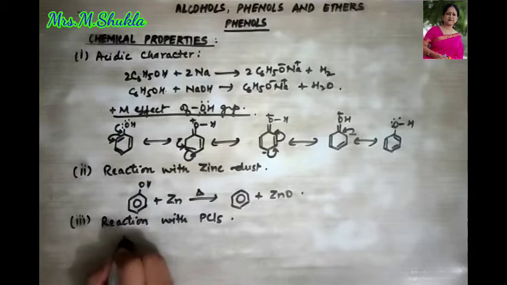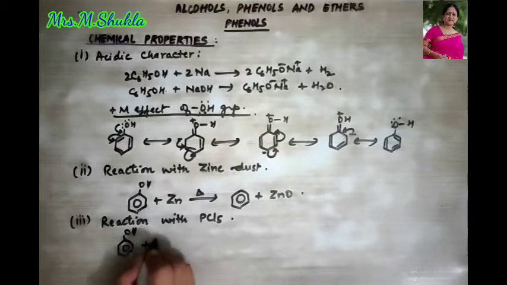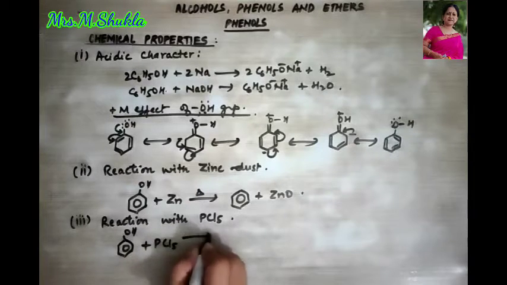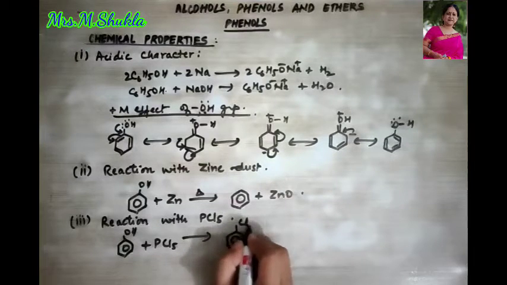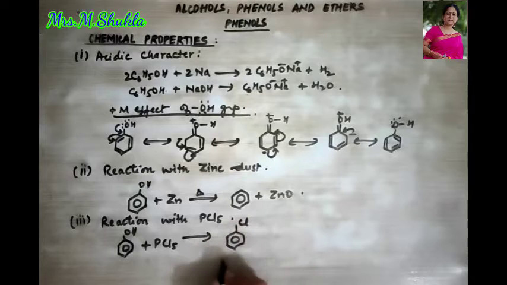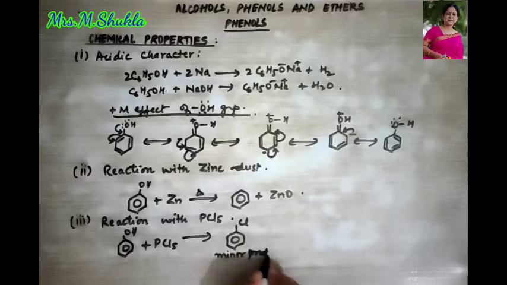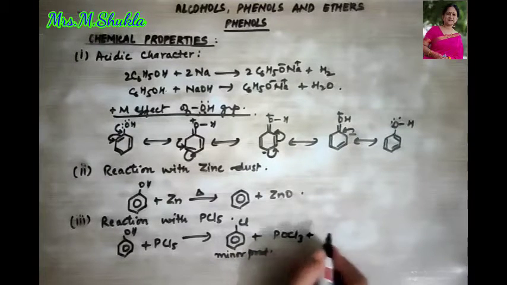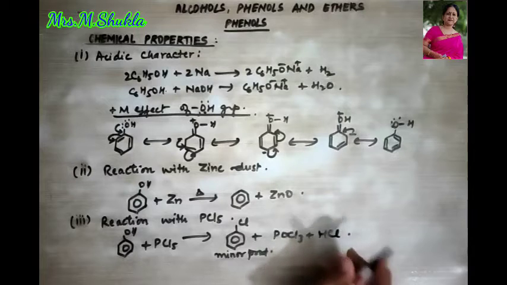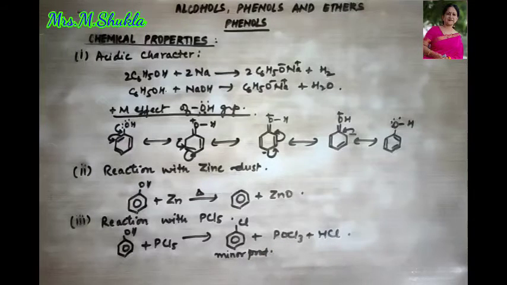So this is your phenol. When treated with PCl5, it is going to give a very minor product of chlorobenzene, right? This is your minor product, plus POCl3 plus HCl will be formed here, right?